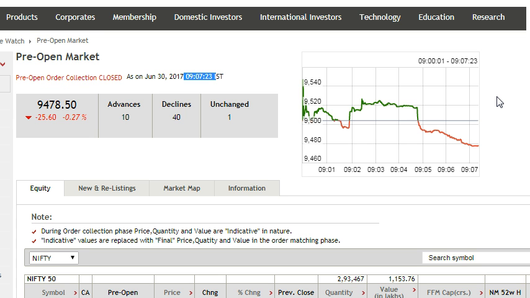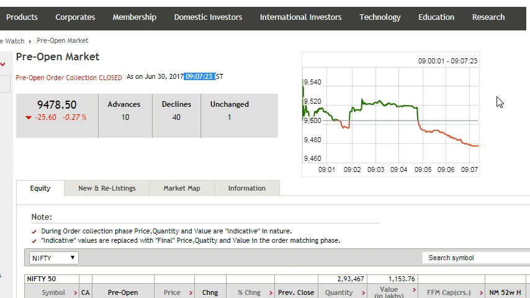So what they basically do is cut out the unnecessary volatility that gets created by huge amounts of overnight orders and fresh orders all stampeding into the opening price. Instead, they collect the orders for 8 minutes, show the opening price, the fair value, to both buyers and sellers, and then open the markets after 7 minutes of silence.